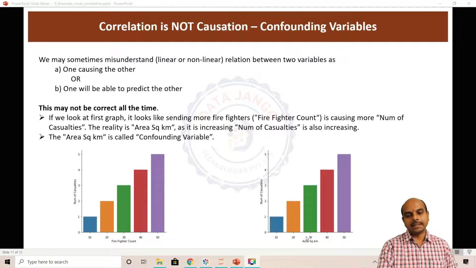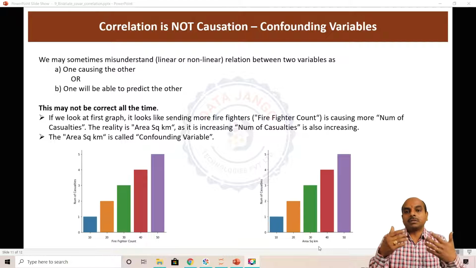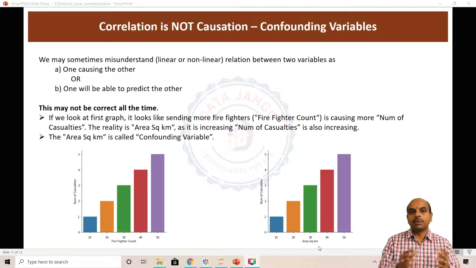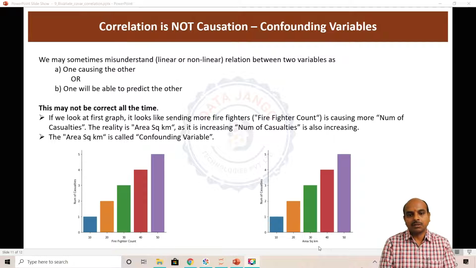Here the real reason is the area in square kilometers, not the number of firefighters. The area is more, and that's when more firefighters are being deployed. Even though more firefighters are deployed, because the area is too big, more casualties are happening. So this variable, the area in square kilometers, is the root cause for the number of casualties.